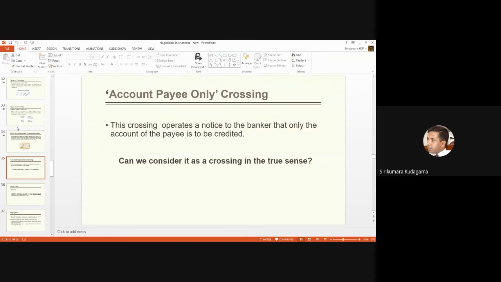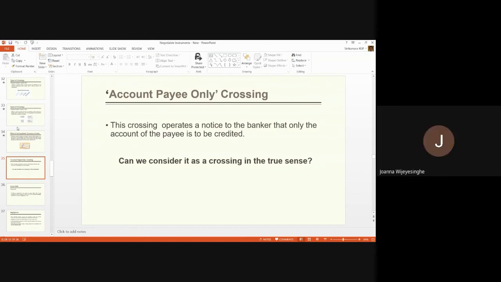Now, this particular crossing, can it be verified by the paying bank? Because it has been deposited into an account of the collecting bank. Can this crossing be practically examined by the people at the paying bank?